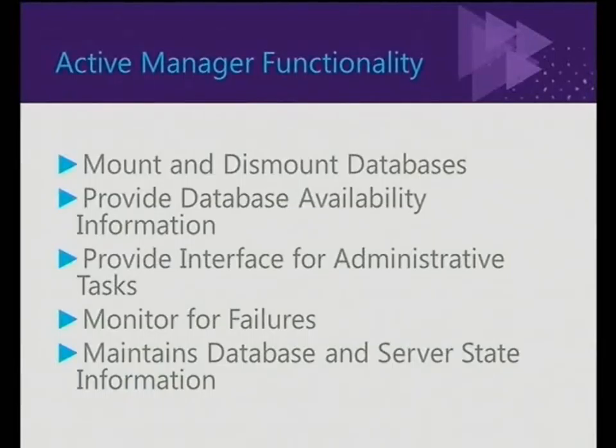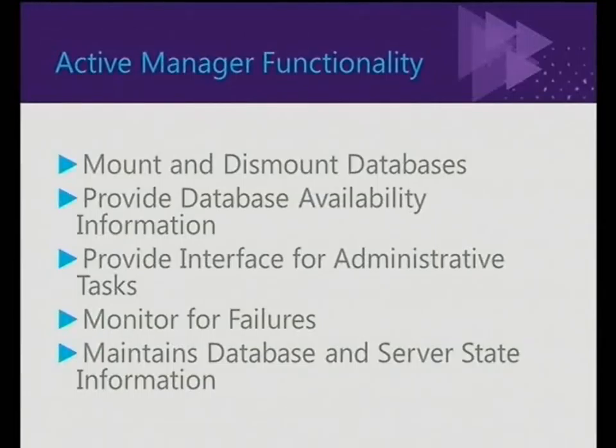It also, of course, monitors for failures. Remember, the cluster can't do that for us anymore, so Active Manager monitors for failures. Sometimes, though, the monitoring is done as a result of other components reporting a failure into that Crimson Channel event log stream, and Active Manager monitoring that stream and taking the corrective action. So, classic example, the disk hosting your database and your log files goes away.